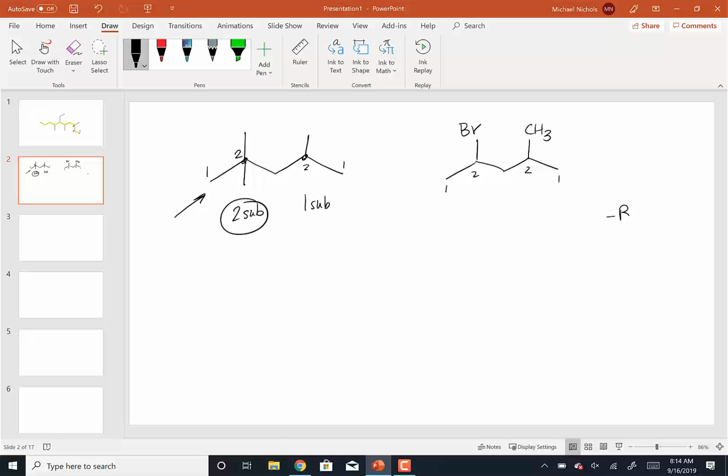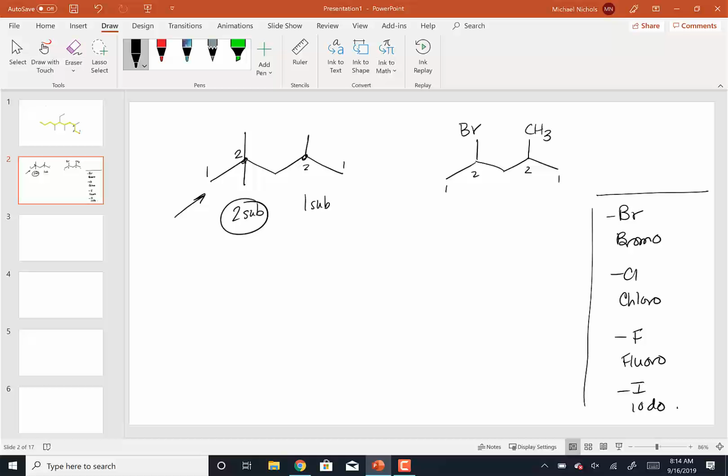So Br is bromo, Cl is chloro, F is fluoro, and I is iodo.